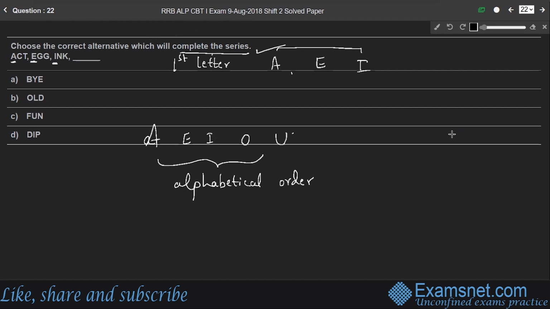Therefore, in the fourth word, the first letter should be O. Among the four options, only one word starts with O, which is old. Therefore, the fourth word should be old. So the words start with the vowels in alphabetical order. Therefore, the fourth word should be option B.